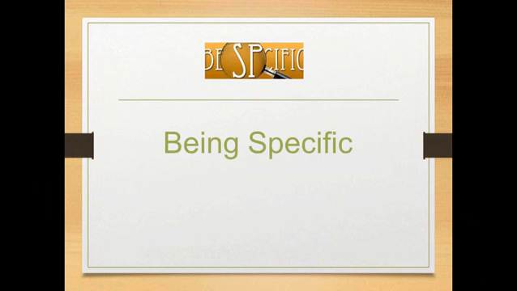Next let's talk about being specific. We need to be really specific when it comes to target market. For example, targeting buyers breaks into subsets. There's first-time buyers, there's move-up buyers, there's luxury home buyers, there's people that only want to buy rural properties, there's people that only want to buy condominiums.